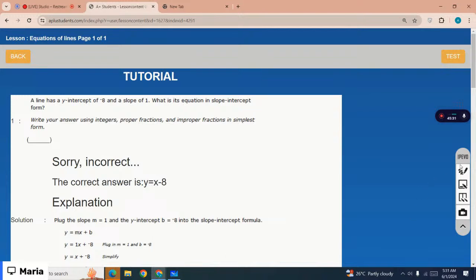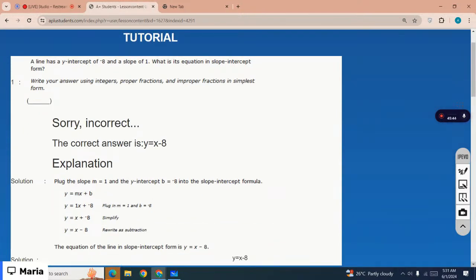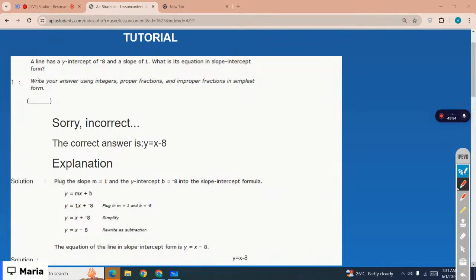So the equation in slope-intercept form is... okay, the y-intercept is -8 and the slope is 1.